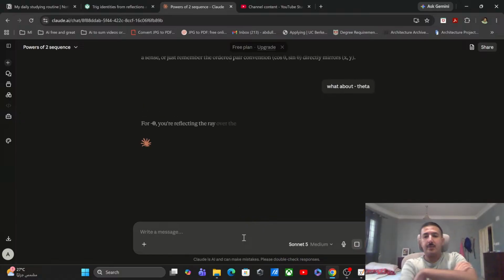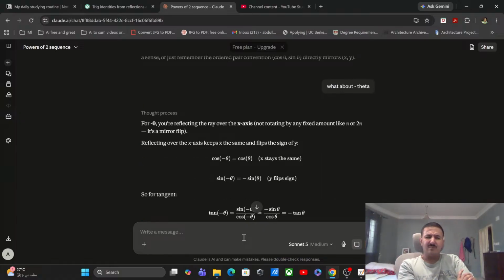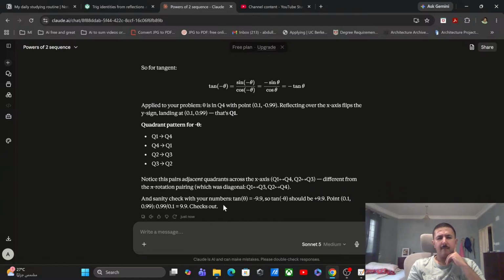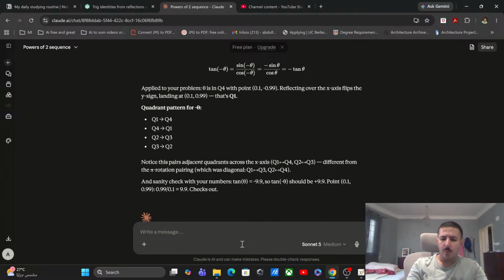What about minus theta? It's a mirror flip. No. So for a tangent. Nope.